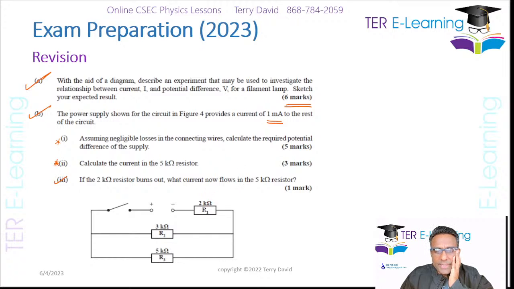Well, if this burns out, let's assume that it becomes an open circuit. Then the current flowing through the 5 kilo ohm resistor is going to be 0 amps. If a resistor burns out, chances are it's going to become an open circuit. If it's an open circuit, then there's no current that's going to flow in the circuit anymore.